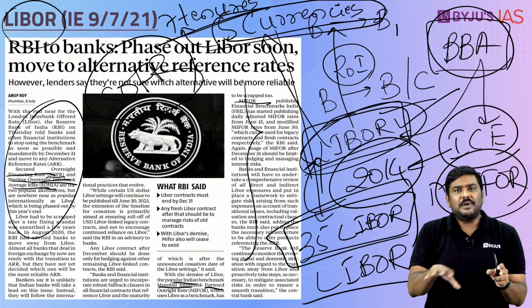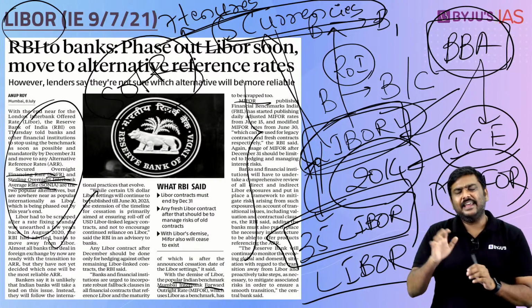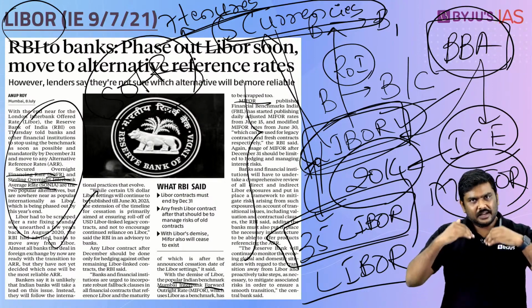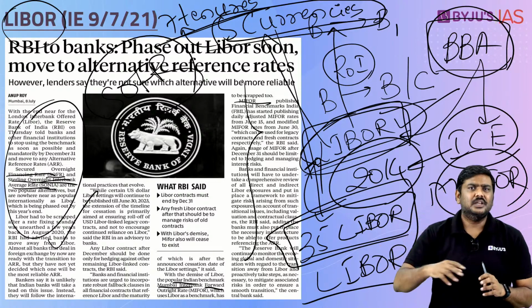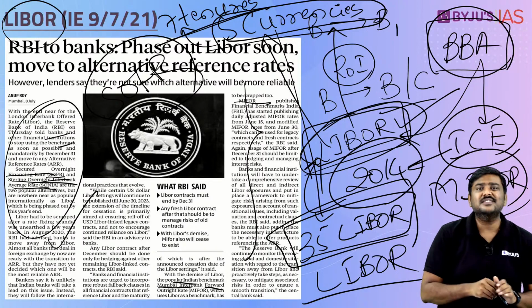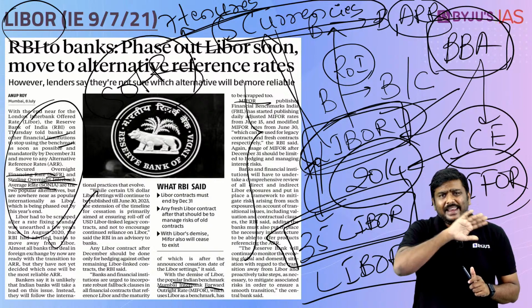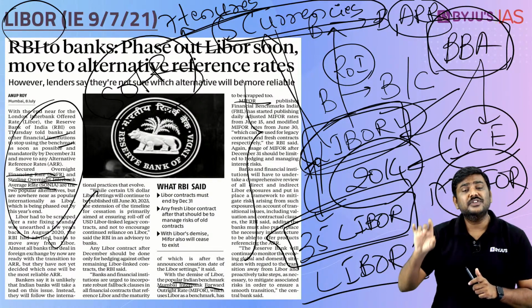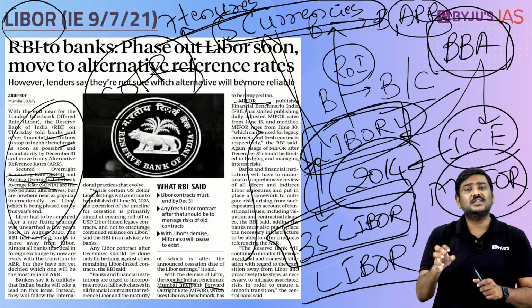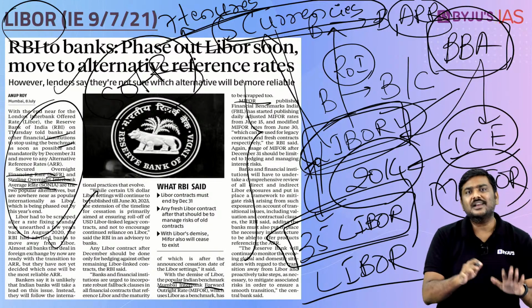So RBI is telling the banks, post this time period, end of this year, whatever transactions are there, allow it, but post that please use some other mechanism, use any alternative reference rate. They are using a short form here, ARR. Use any alternative reference rate. Please do not process the transactions which are referencing LIBOR as one of their benchmarks. That is in gist provided in this article.